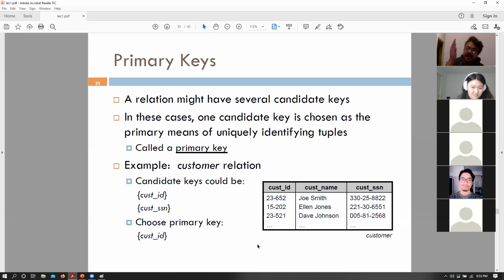On its own, the customer ID can also be a candidate key. So there are multiple candidate keys for a particular relation. We need to pick one of these possible keys for our databases. We call that key, that is a member of those candidate keys, a primary key, right? So a primary key will uniquely identify tuples and it is one of the candidate keys.